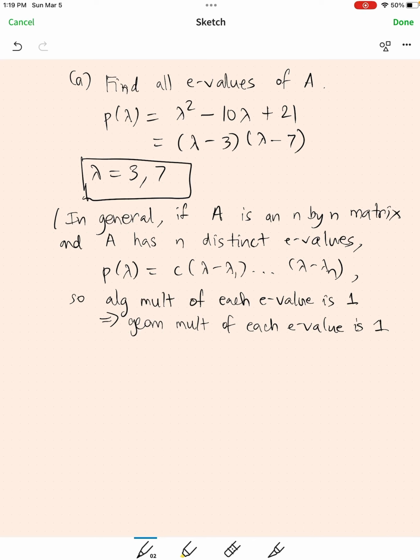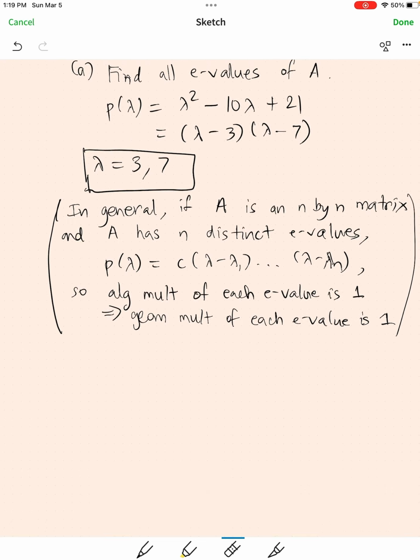And that implies that your matrix is diagonalizable, right? The characteristic polynomial splits into a bunch of linear factors, and the algebraic multiplicity equals the geometric multiplicity.